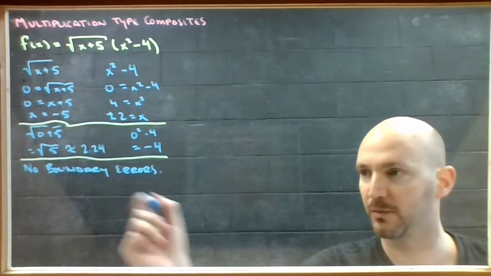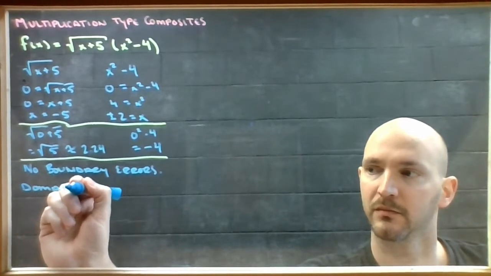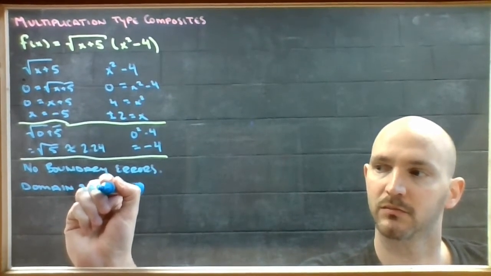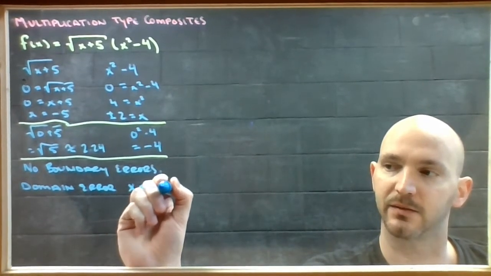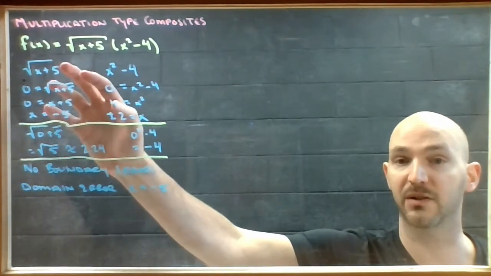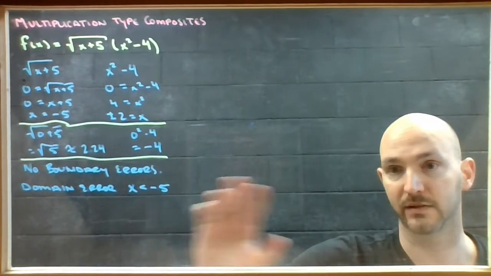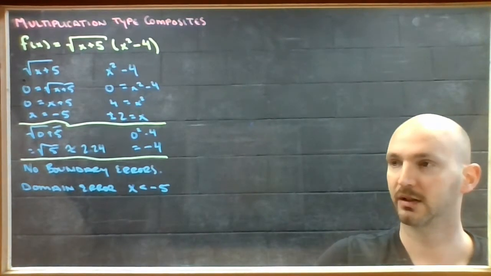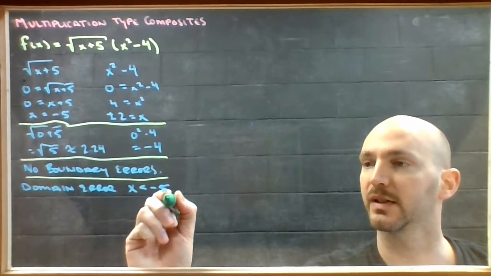So there is a domain error for x less than negative 5. Negative 5 is okay, right? Negative 5 plus 5 would be 0. Square root of 0 has an answer, but anything less than that doesn't actually work. So I've identified those things.